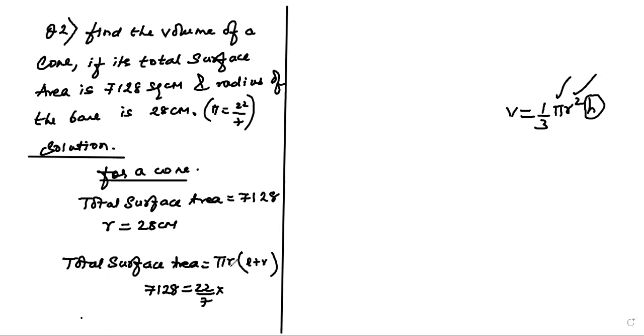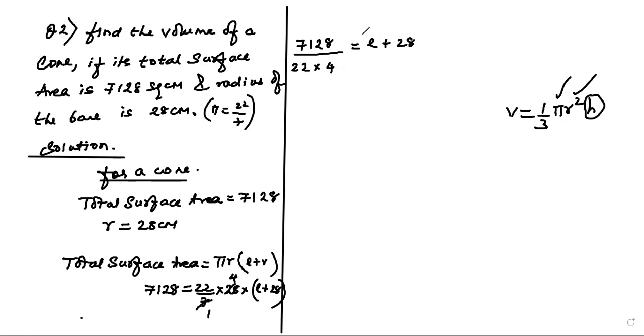So 22/7 into R, which is 28, and into L we don't know, plus R, which is 28. Please have a look here, 7 1 times, 7 4 times. Now what will happen? 7128, the whole thing upon 22 into 4, is equal to L plus 28.